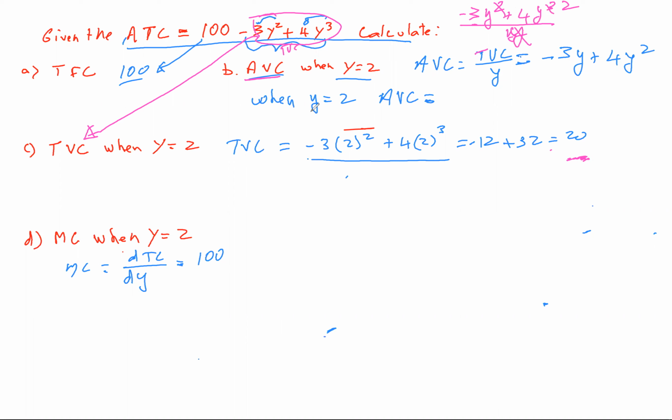And so when y equals 2, the average variable cost is going to be minus 3 times 2 plus 4 times 2 squared, which is equal to minus 6 plus 16, so that equals 10. That is the average variable cost when y equals 2.